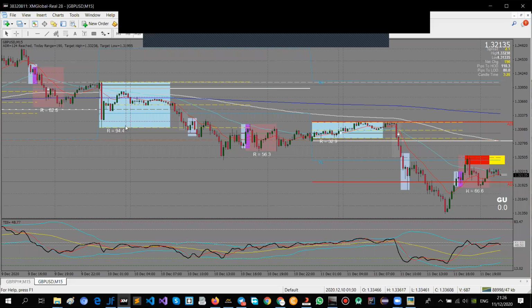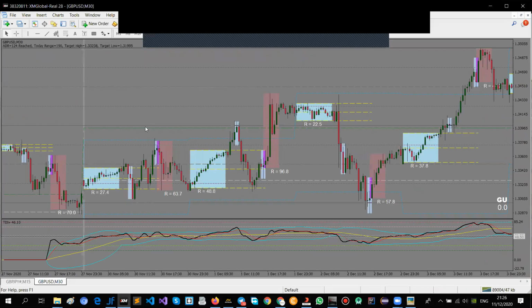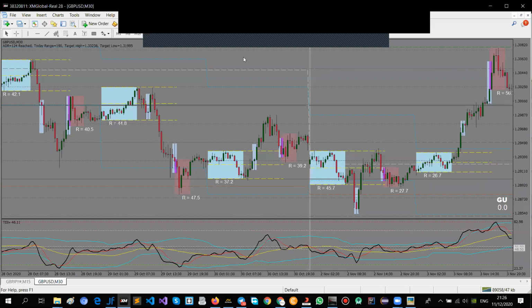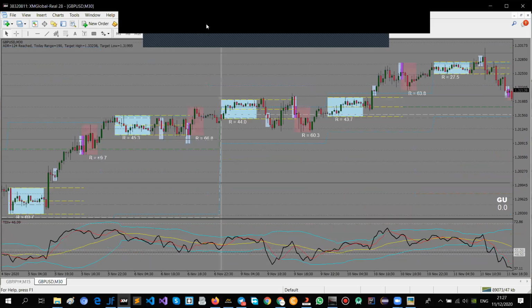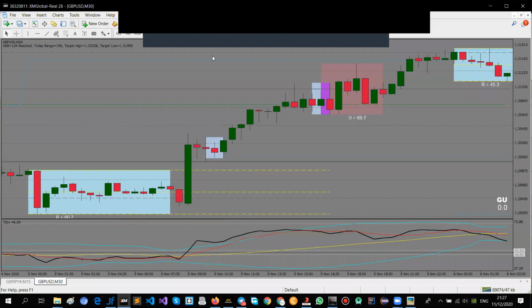Let me show you. If you have the same template as I have, you see here, I don't know how I can zoom for you guys to see.